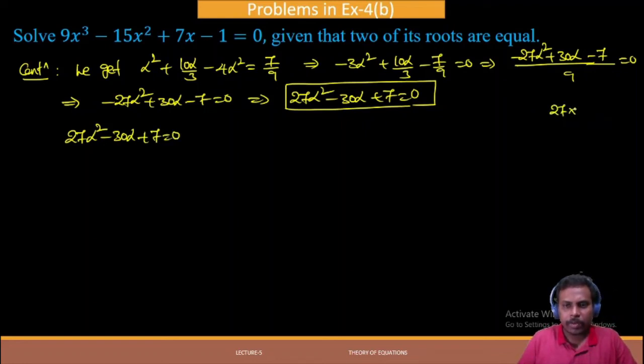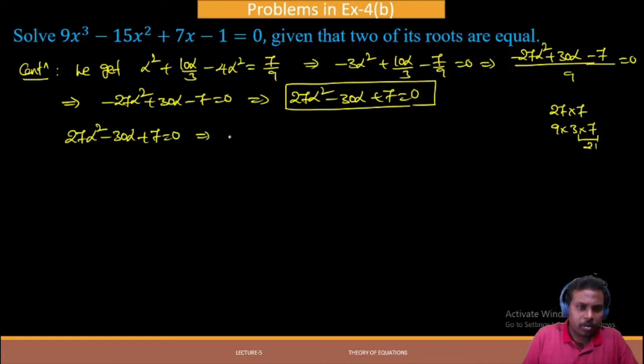Okay. Now this 27 alpha square minus 30 alpha plus 7 is equal to 0. So 27 into 7, this can be written as 9 into 3 into 7. So this is my 21. 21 plus 9 is 30. So this can be written as 27 alpha square minus 9 alpha minus 21 alpha plus 7 is equal to 0.